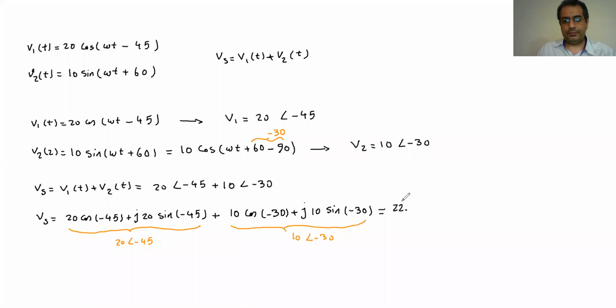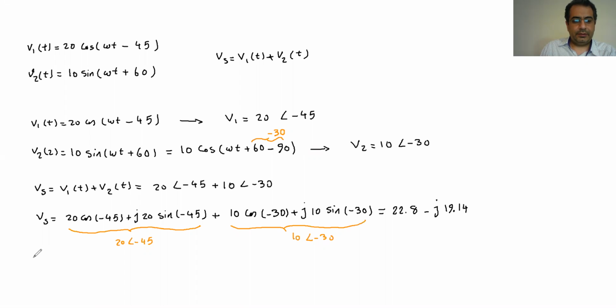22.8 minus j 19.14. And then if I convert it to polar format, as I said, I will just very quickly write it down here.